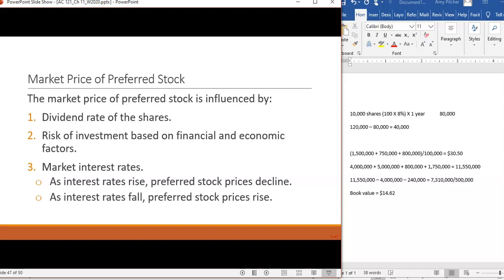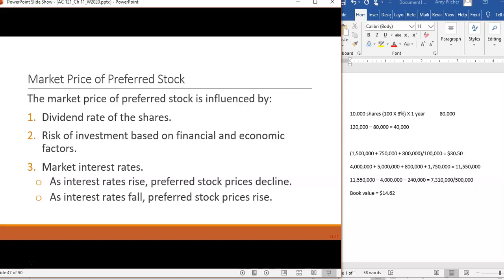So when interest rates rise, preferred stock prices decline, and when interest rates fall, preferred stock prices rise. One reason for this is that if interest rates are rising, that means in the market I can make more money on bond investments because the market interest rates are higher than I can on preferred stock with an interest rate of 5 or 6%.